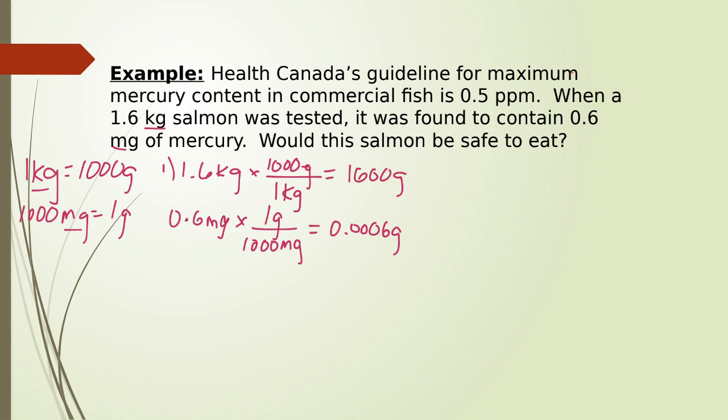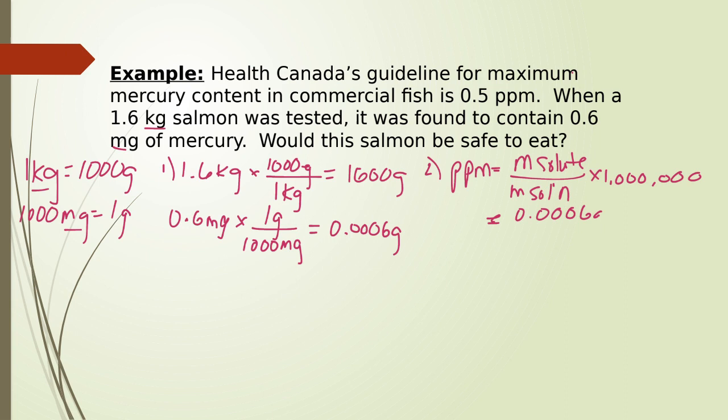Now what I can do is I can set up my ppm formula, and then I'll compare it to this Health Canada standard. So we're going to take mass of solute over mass of solution, but instead of multiplying by 100%, we're multiplying by 1,000,000 because we're going to have a very small amount. And you can see that the solute is only 0.0006 grams.